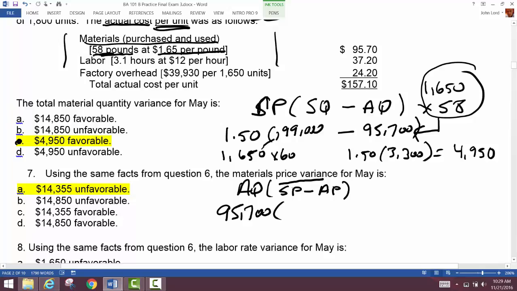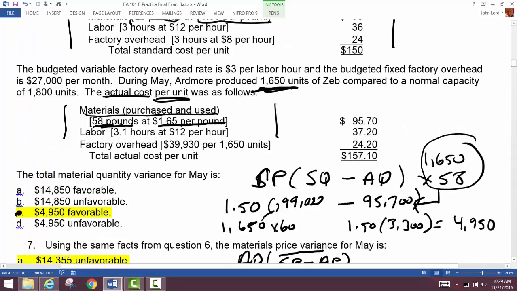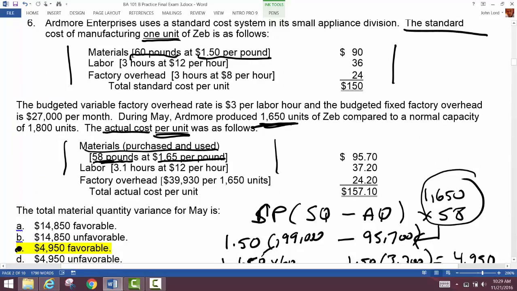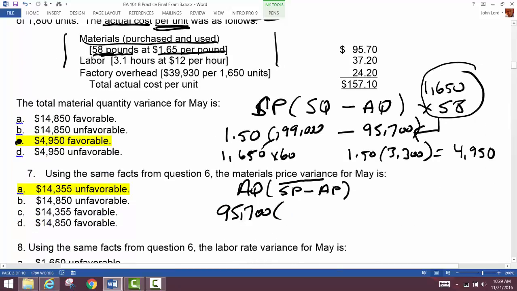Okay, and then standard price. If we look at the standard price they told me up there, it was $1.50 per pound. We'd already found that number earlier. Okay, $1.50 per pound versus what did they actually pay? $1.65.